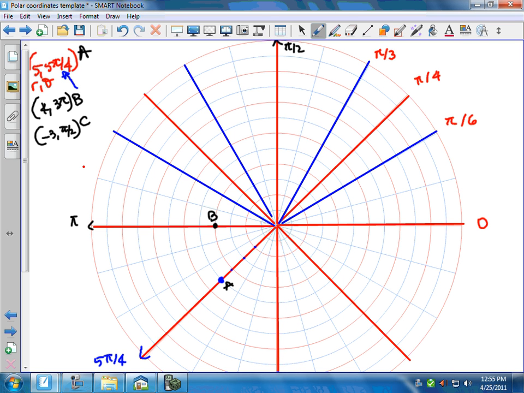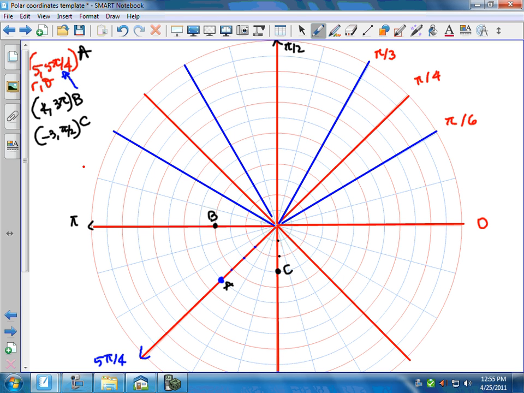But right now we want negative 3. Going in this direction would be your positive r values, but we want to go in the opposite direction because your r is negative 3. So we're going to go 1, 2, 3 units in the complete opposite direction. So right here is going to be our point C, negative 3 comma pi over 2.